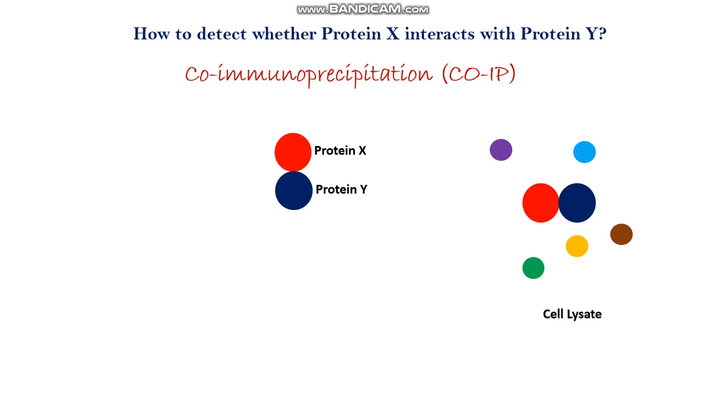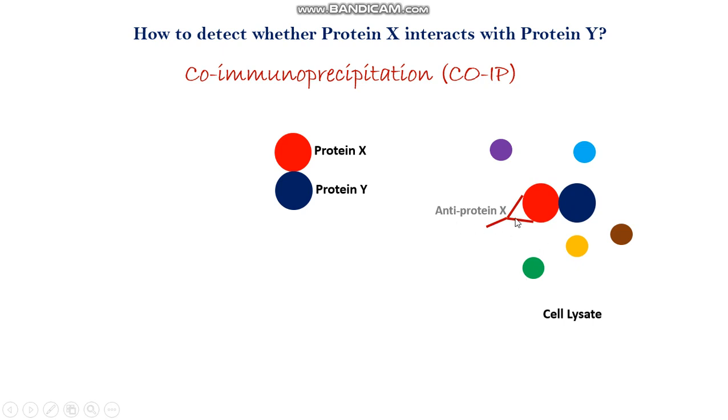protein Y complex. Usually we use a primary antibody that binds with the target protein. For example, here is a protein X antibody.